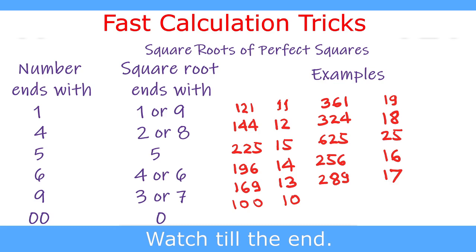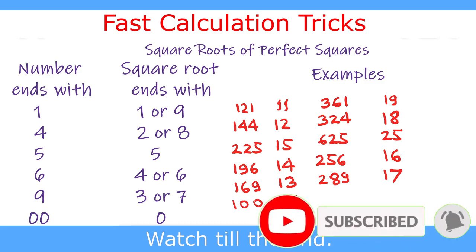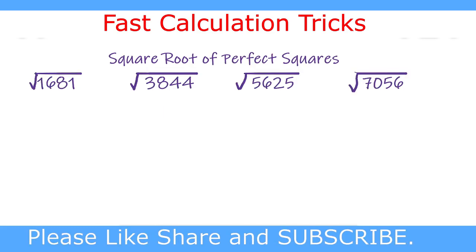We are going to solve some questions in which the question is to find the square root of the numbers. Then we will assume that these numbers are perfect squares and we will find the square root by using this property. And we will follow certain steps to find the correct answer. Our first question is finding the square root of 1681.